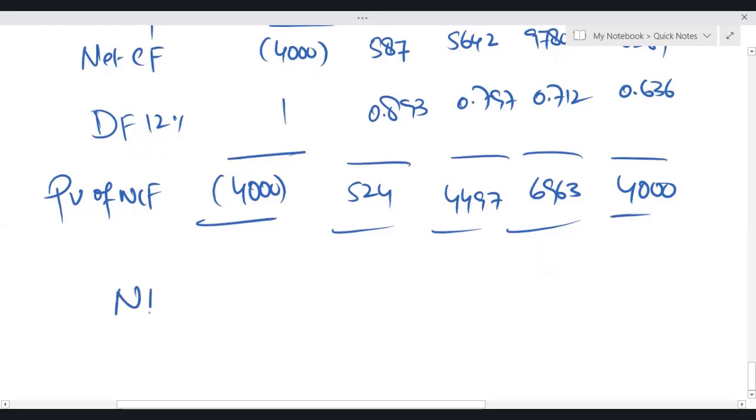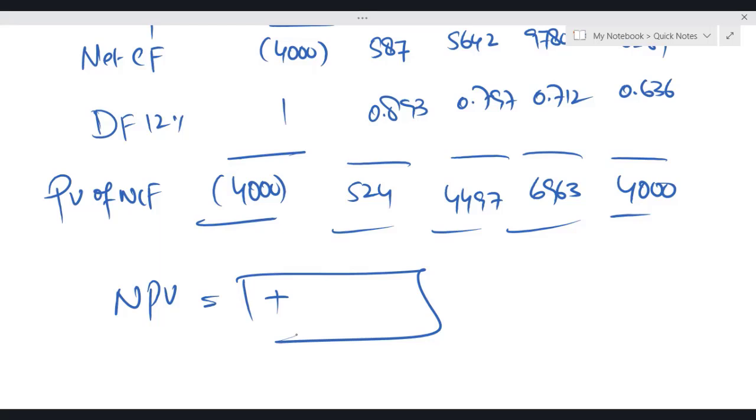Let's see what is the NPV. Obviously, it is positive, $11,984. So simply NPV is positive. Can I say the project is financially acceptable?